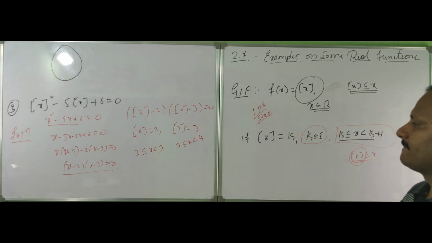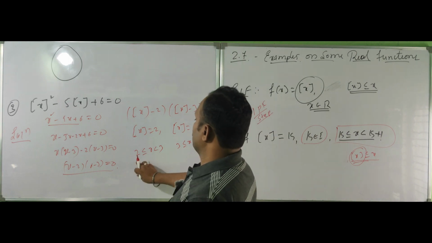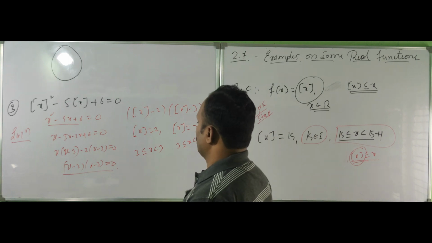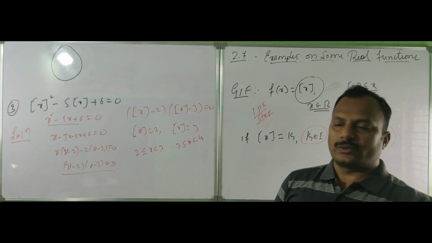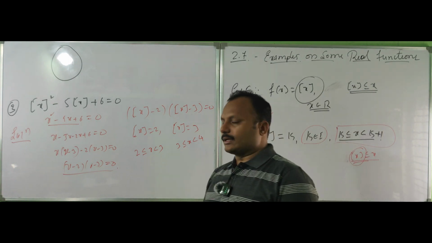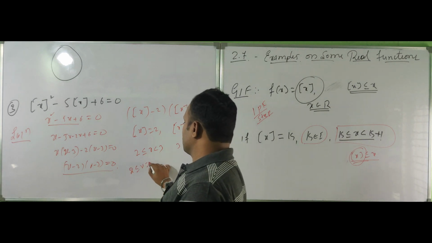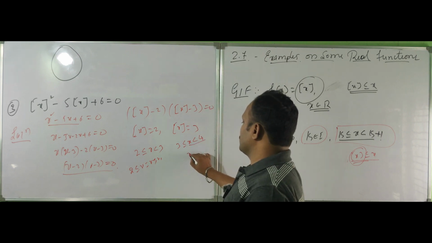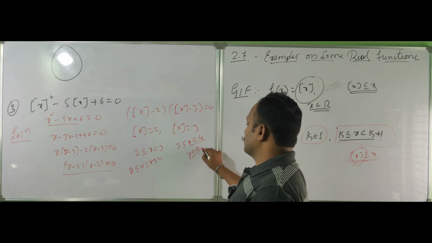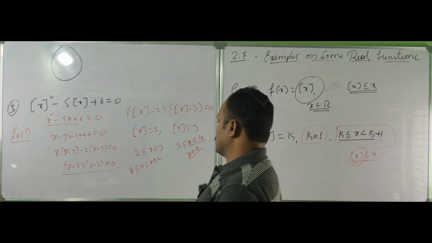Our value x is less than 4 and greater than or equal to 2. Here 2 is less than or equal to x means x is greater than or equal to 2, and here x is less than 4.